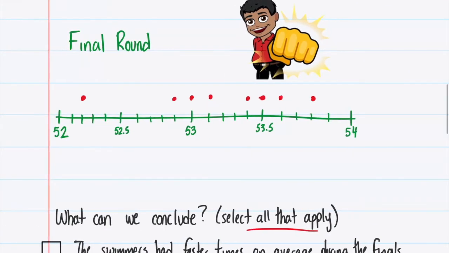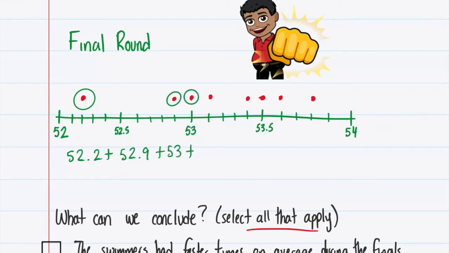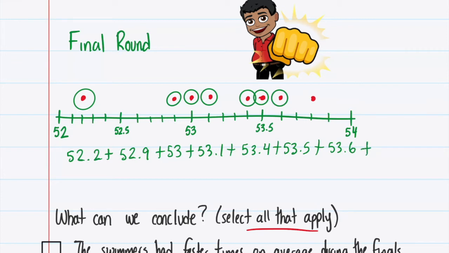Let's do the same thing for this one. This one is 52.2 plus 52.9 plus 53 plus 53.1 plus 53.4 plus 53.5 plus 53.6 plus 53.8.